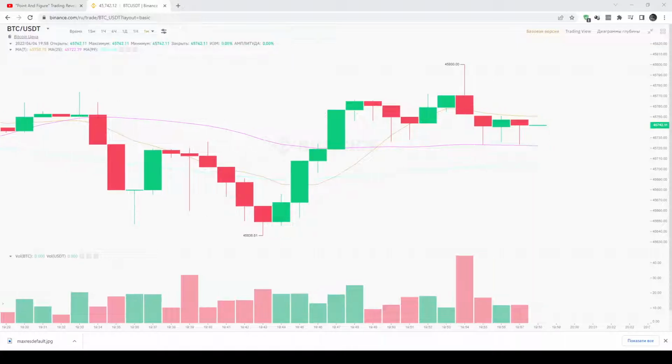When the price moves enough in the same direction as the current column, a new X or O is added to the column. When price goes far enough in the opposite direction, a new column begins with either an X or an O, opposite of the previous column.